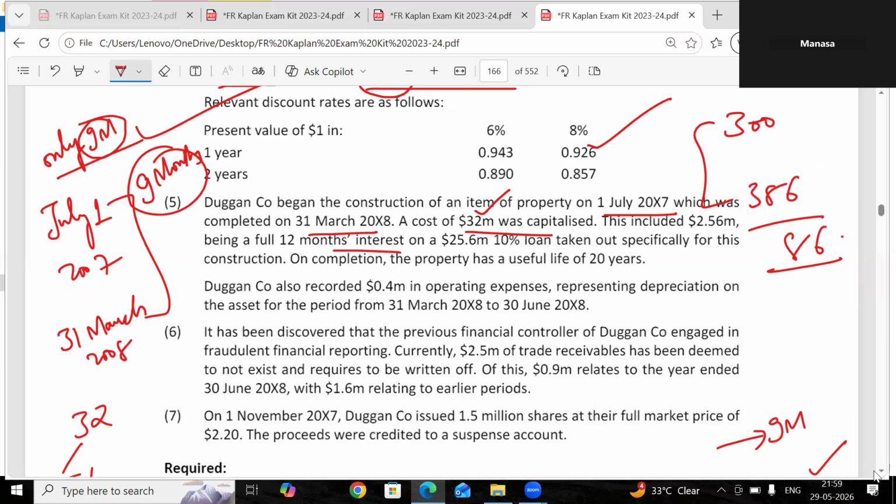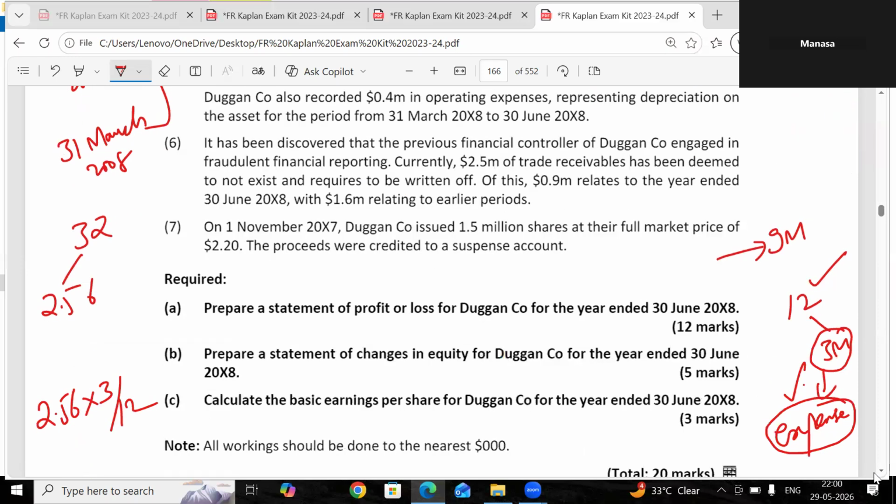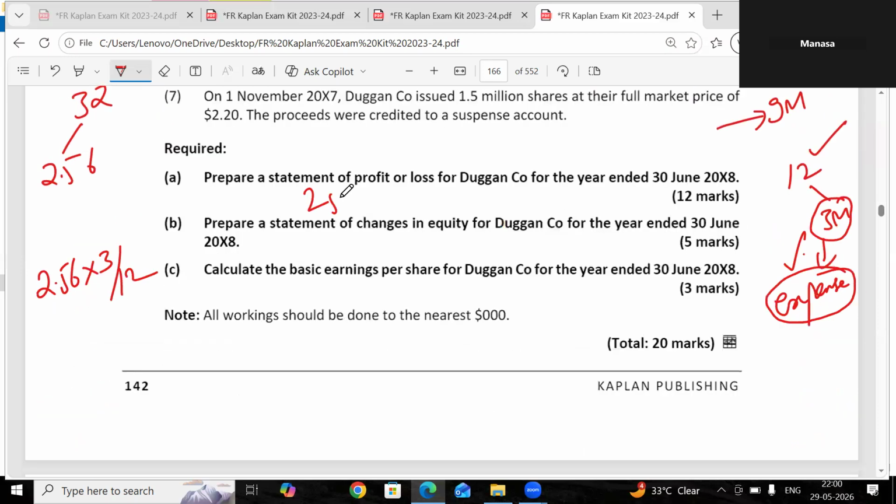Sorry, did not see that. 2.56 is the interest amount already. 25.6 into 10%, that is 0.64.